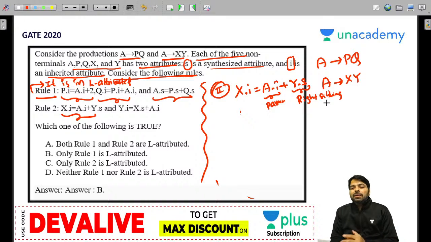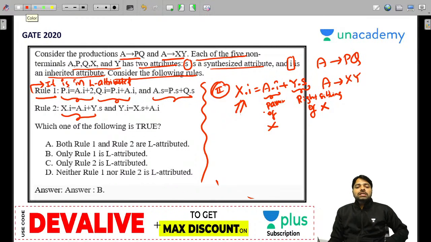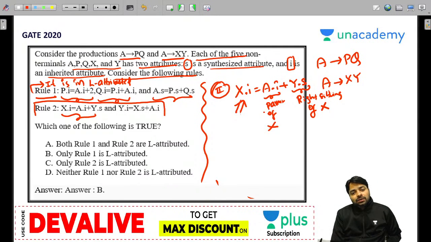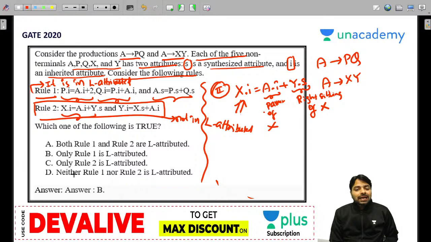Guys, L attributed grammar never uses the right sibling while computing at any node. So Y is the right sibling of X, and A is the parent of X, because you are computing at X, and that's impossible. So you stop it, say directly it is not going to be L attributed. No need to check other concepts, guys. So rule 1 is L attributed and rule 2 is not L attributed.